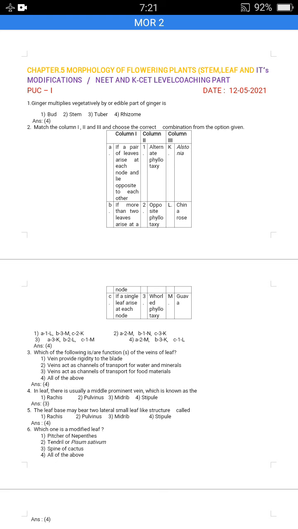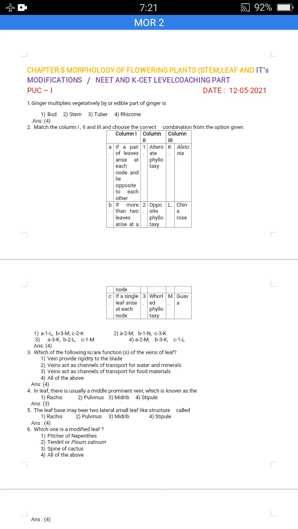Second one, veins act as channels of transport for water and minerals. Third one, veins act as channels of transport for food materials. Option 4, all the above. So the correct answer for this question is option 4, all the above.